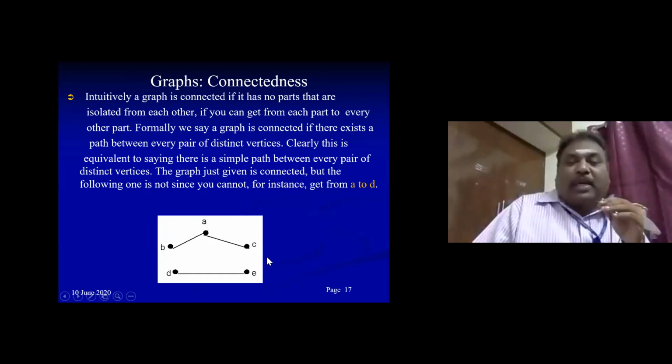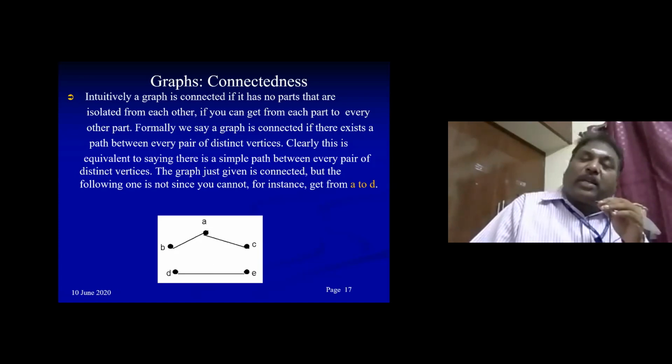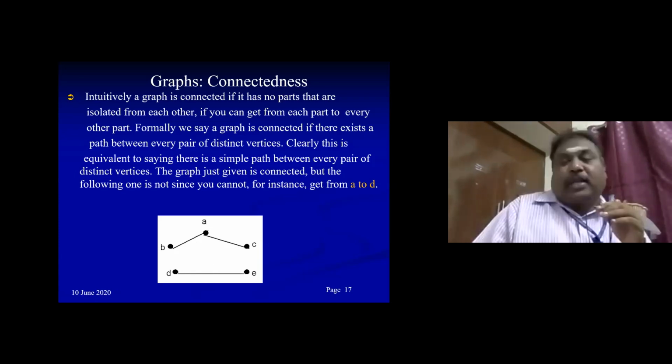This is a graph with 5 vertices, but it is disconnected because I don't have a path connecting A to D. I have an edge connecting AB, AC, and an edge connecting CD, but still it is not connected, because connected means I can have a path joining any 2 vertices. Completeness means connecting any 2 vertices by an edge. That is connectedness. This is a disconnected graph.